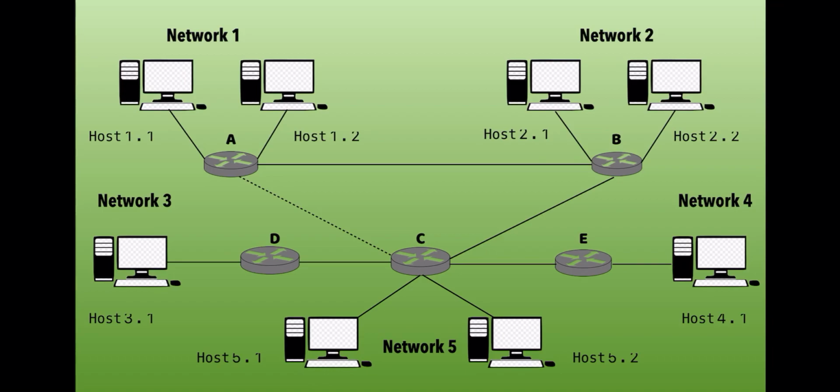So the path that will be possible is A, B, C, E and then finally host 4.1. So now the data will move from host 1.1 to router A, then to router B, then to router C, then to router E, and finally to host 4.1.